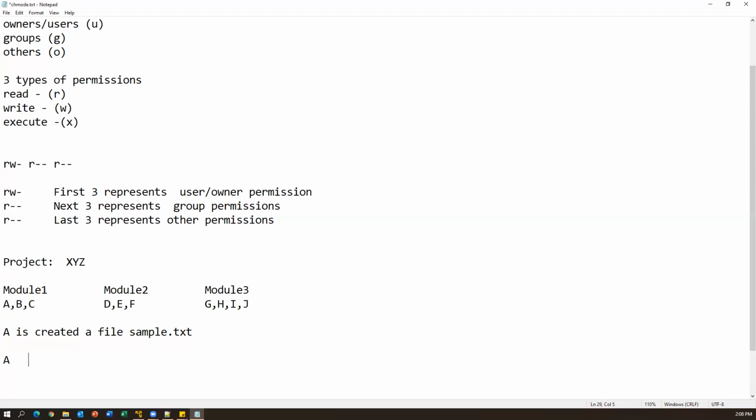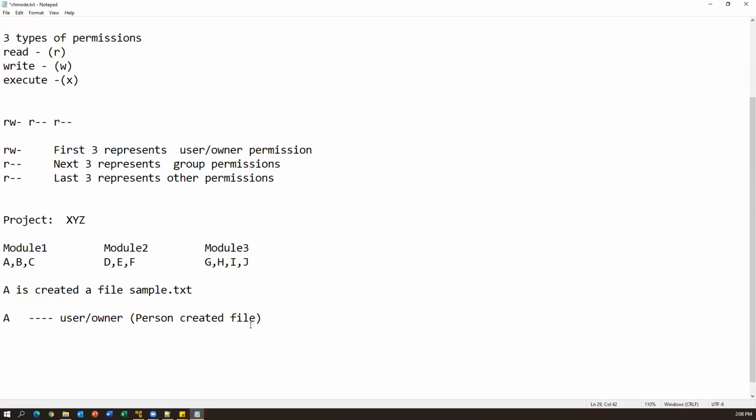A is called the user or owner of the file. Whoever created this file is called the owner. A person created a file.